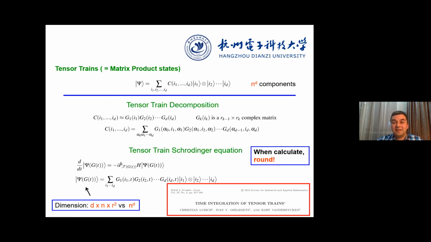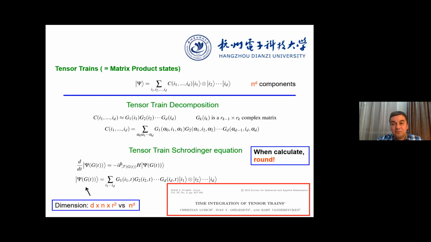And if you find a clever balance, then the dimension of this product state will be much, much smaller than the original dimension of the object which you would get by using a standard basis set representation. And here is the gain which you get. Instead of this exponential scaling, you have much, much milder scaling with the dimension of your problem.